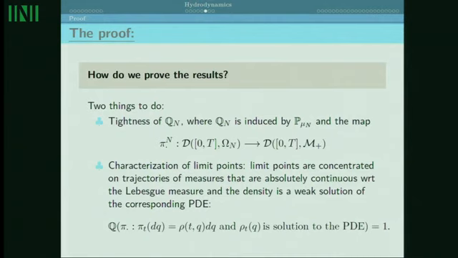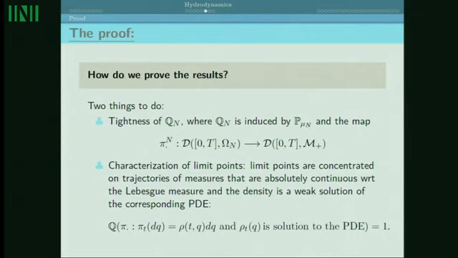This is classical in the theory of stochastic processes. What we do is show tightness of some sequence of measures, and then we characterize the limiting point by showing that it is unique. What is fundamental, and sometimes is the hard part, is to cook up a notion of a weak solution to some PDE and to show that it is unique. This is sometimes the hard part of the program.